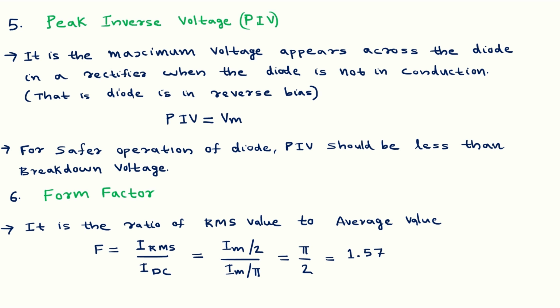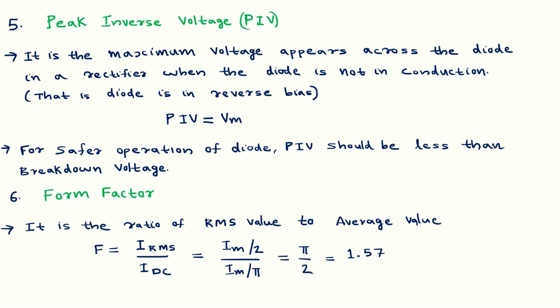When the input voltage is in the time interval 0 to pi, the diode is in forward bias. That means the diode starts conducting and a current is flowing. Then in the time range pi to 2 pi, the diode is in reverse bias. That means the diode is not conducting, so at that time I can replace the diode with an open circuit.